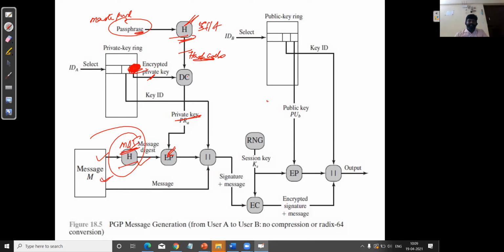A hash function message digest will be generated, and for this message digest they will do the encryption with the help of the private key which has been extracted after decrypting from the private key ring. Along with this information they add the ID of the key which is used, not the private key itself, but the ID. Now this is the combination of the signature plus the message again.